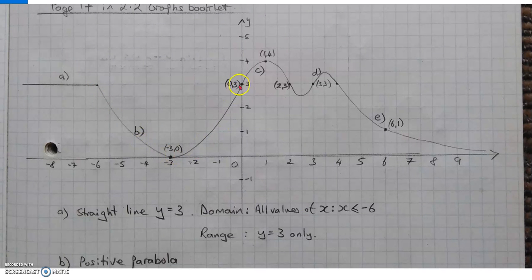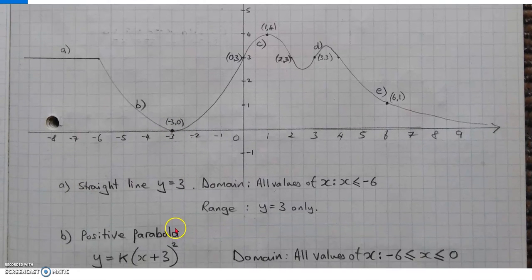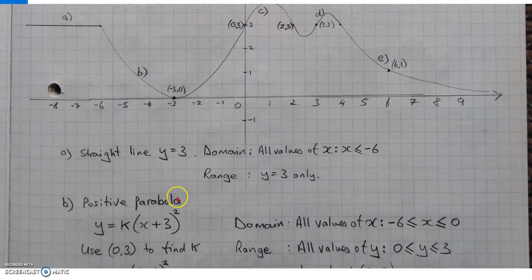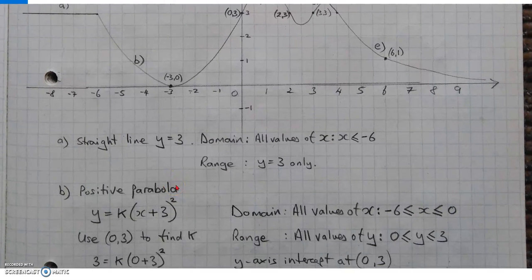It's this one here. Now this one just touches the x-axis at this point here. I'll move that up and see what we can see. That's better. If it's just touching the x-axis, we are going to be able to write the equation like this.